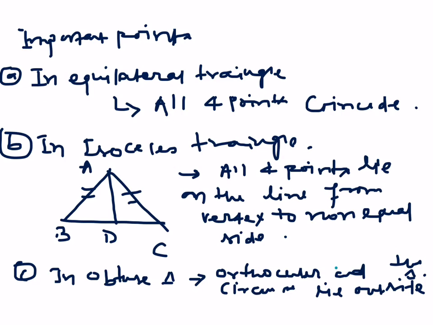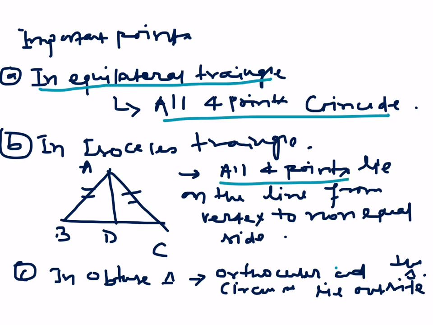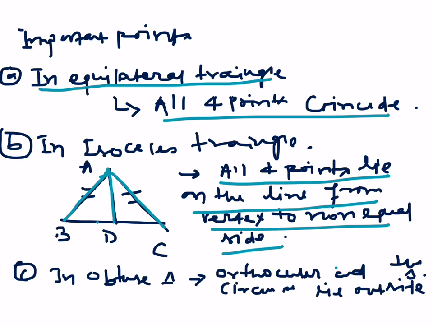Now some of the points which should be mentioned. In an equilateral triangle, all four points coincide. All 4 points means centroid, orthocenter, circumcenter and incenter, they coincide. In an isosceles triangle, all 4 points lie on the line from the vertex to the unequal side. So if I have two equal sides AB and AC and this is BC which is unequal, then from A to BC, if I draw a median, then all 4 points will lie on this only.